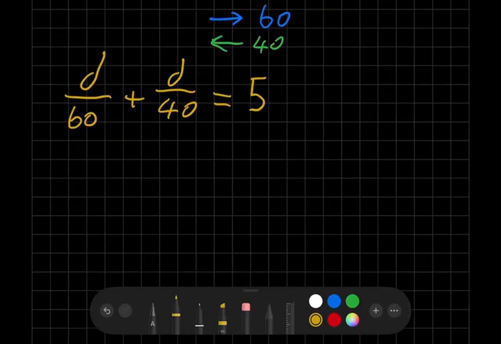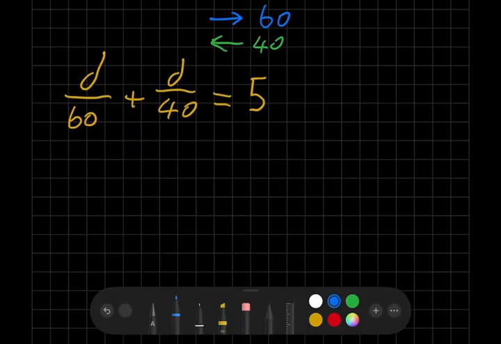So now that we have our equation, first thing we have to do is make sure that we can combine our fractions together. So remember, to add fractions, they have to have the same denominator. So that's the first adjustment we're going to make. We're going to find a common denominator for d divided by 60 and d divided by 40.